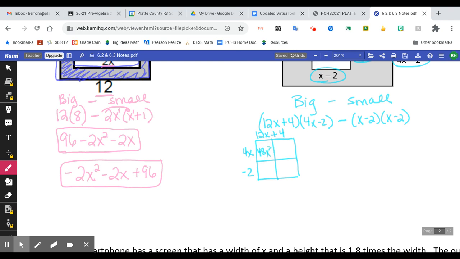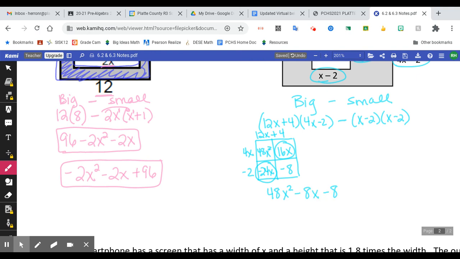X times x is x squared. 4 times 4x is 16x. 12x times negative 2 is negative 24x. And negative 2 times 4 is negative 8. So I have 48x squared. These two go together. So I've got negative 24 plus 16, which gives me negative 8x. And then this would be negative 8 on the end.